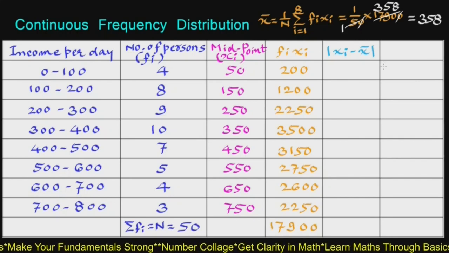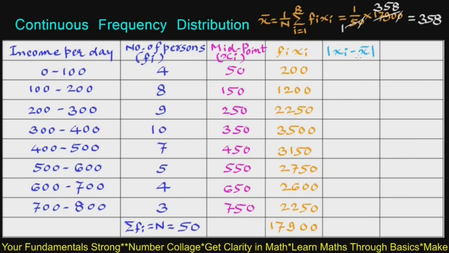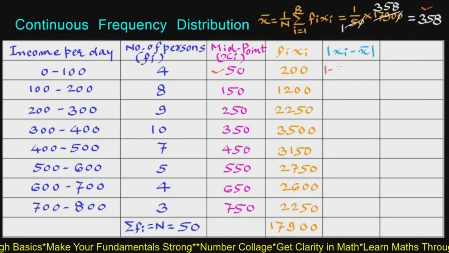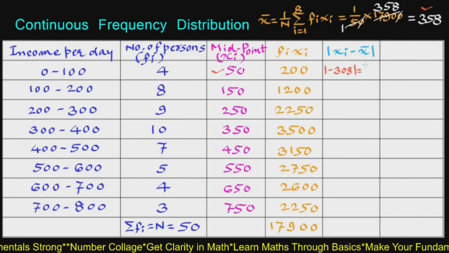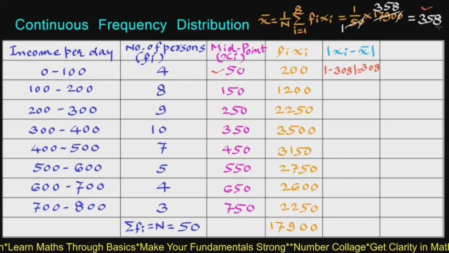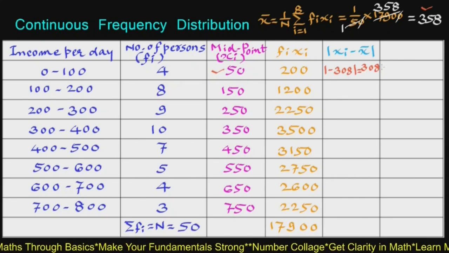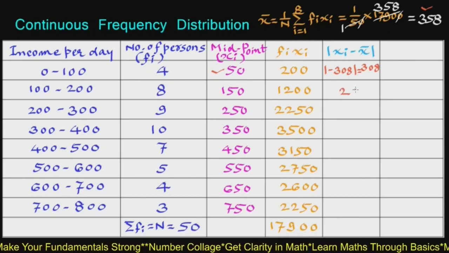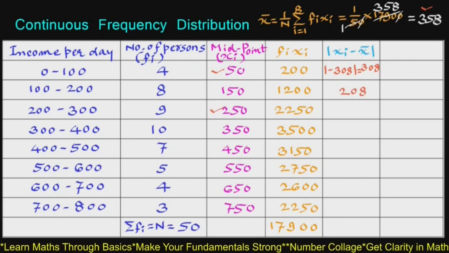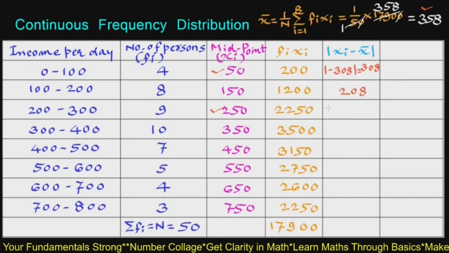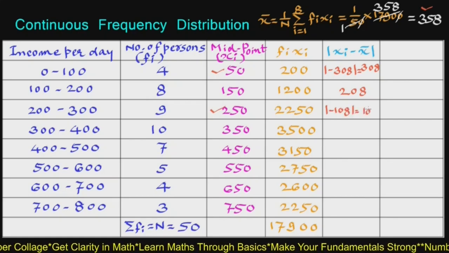Next we find the quantities mod xi minus x bar. Mod 50 minus 358 will be mod minus 308, which will be 308. Similarly, 150 minus 358 will be mod minus 208, that will be 208. Mod 250 minus 358 will be mod minus 108, which will be 108.